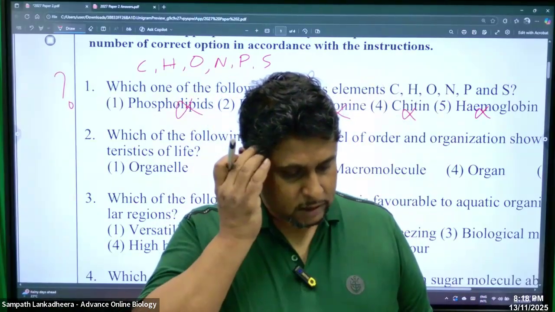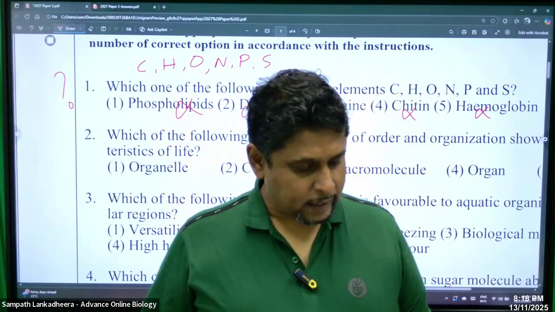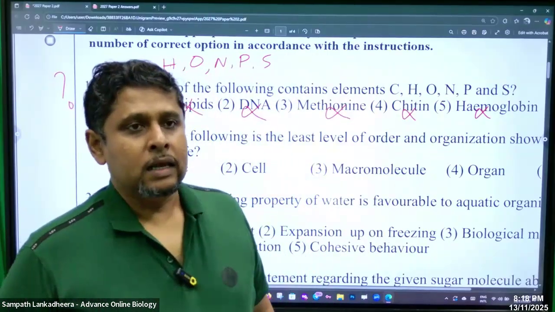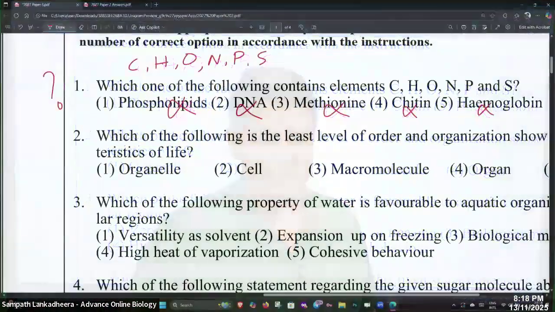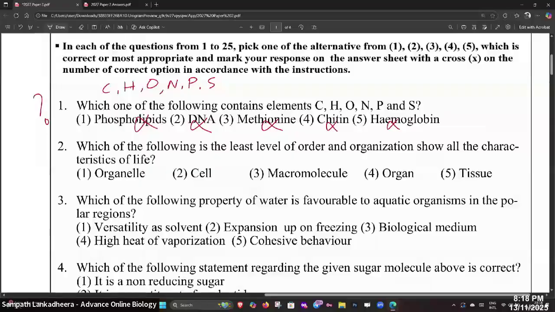Which of the following is the least level of order and organization that shows all the characteristics of life?